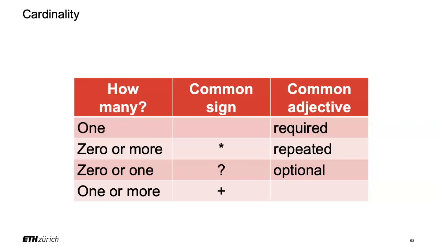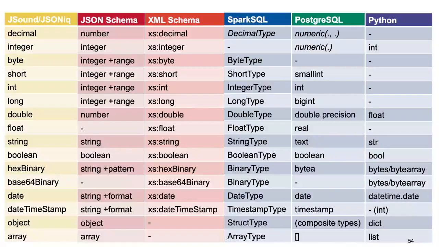Is anybody familiar with regular expressions by any chance? Some of you. So that might be easy to learn because these are actually the same symbols that you are familiar with in regular expressions: asterisk, question mark, and plus. Okay. So this is cardinality. We'll come back to that when we study query languages for JSON in a few weeks. We'll use them again.